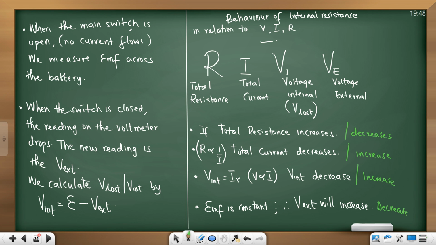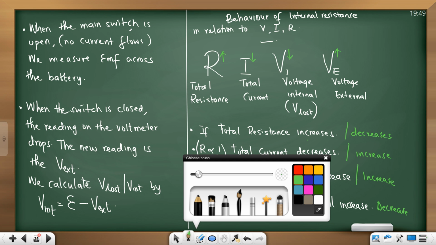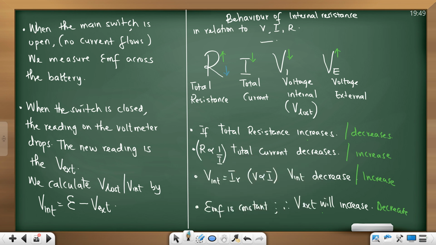The first and the last one, check. They are always the same. Revive. If this increases, this will decrease, and that will increase. That's what we're saying. And if this one decreases, inverse, direct, is constant.